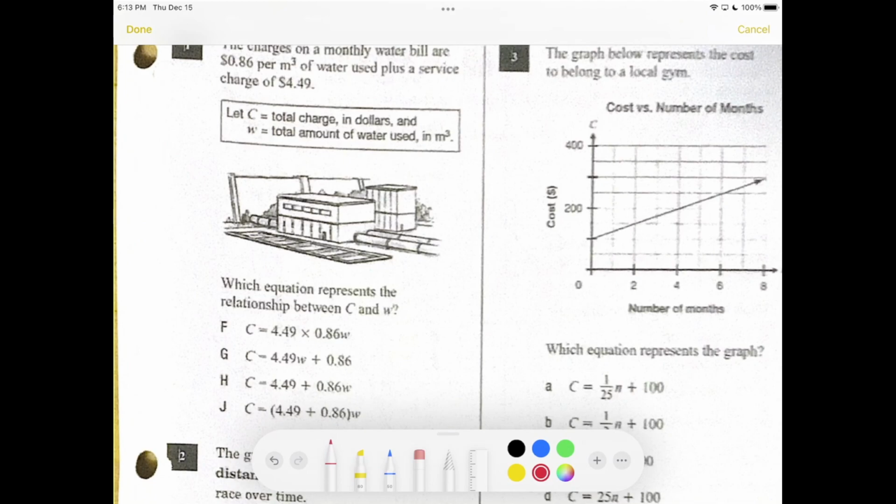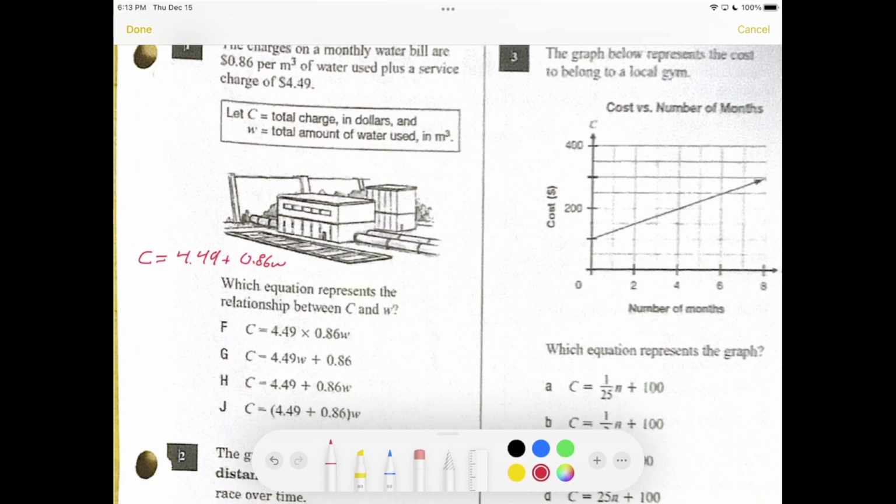So let's write down our formula. C, where the total cost is going to be equal to 4.49 plus 0.86 per amount of water used.